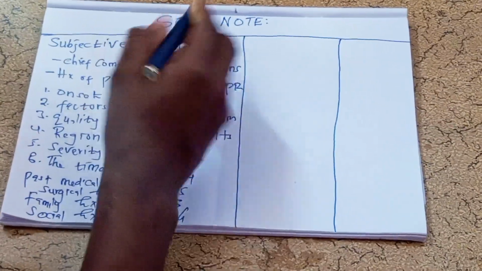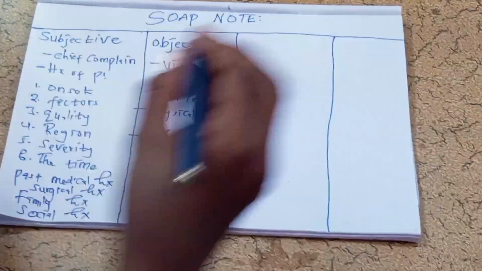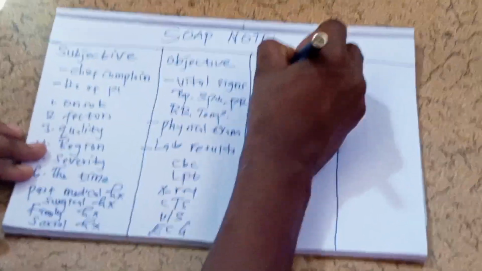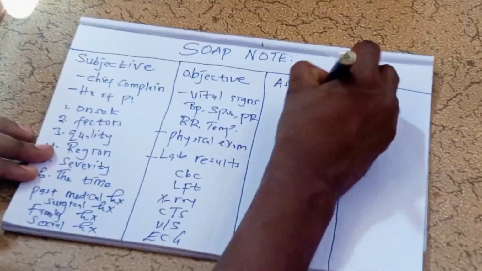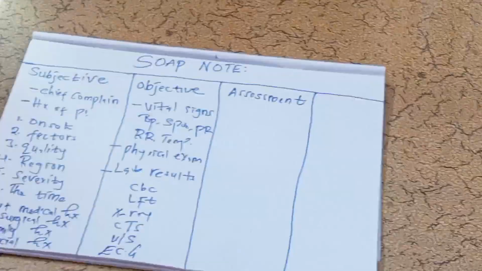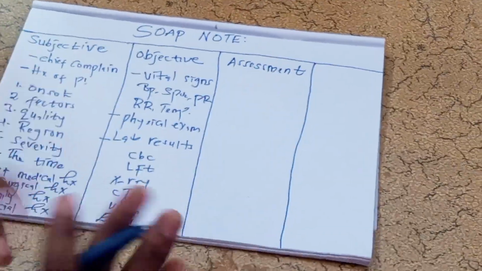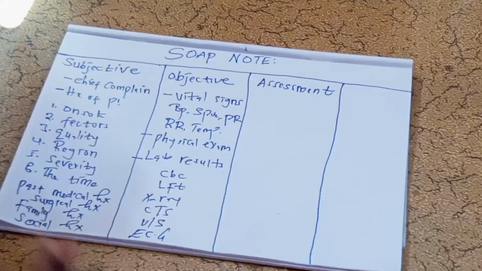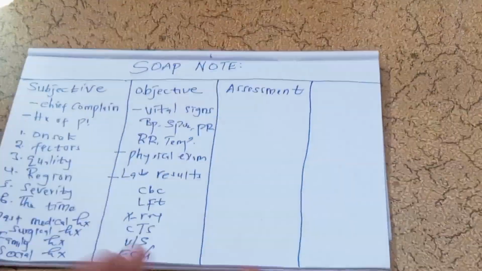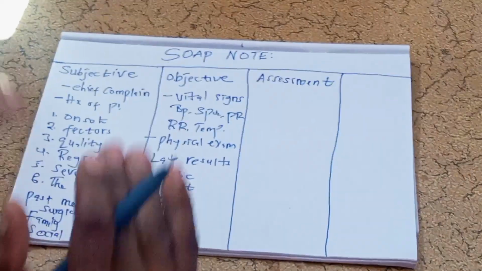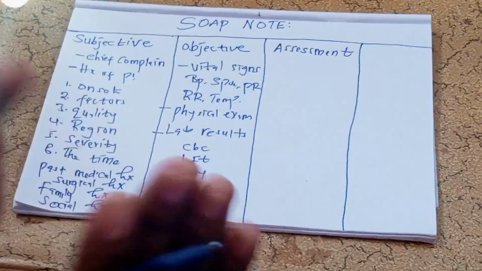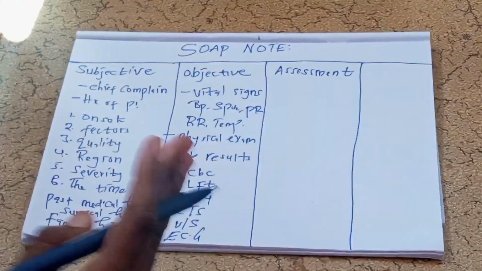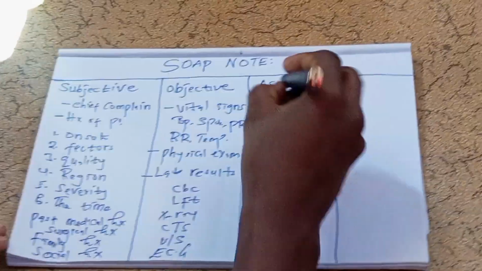So let us go to A, representing assessment. In the assessment, this is whereby you are going to combine the general information that you have obtained in the subjective and in the objective section. So you summarize your report, the information that you have gained in the subjective and objective sections. For example, you provide a diagnosis.